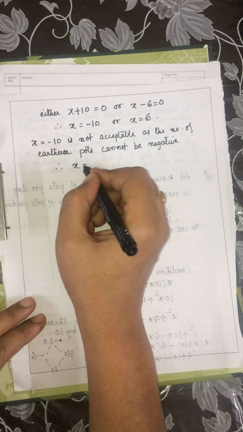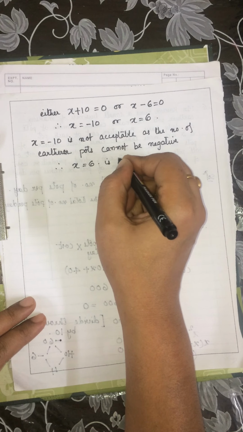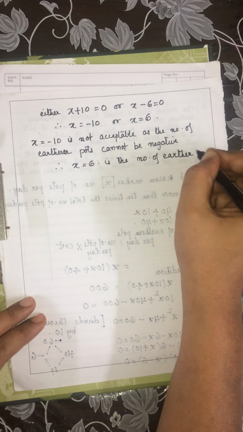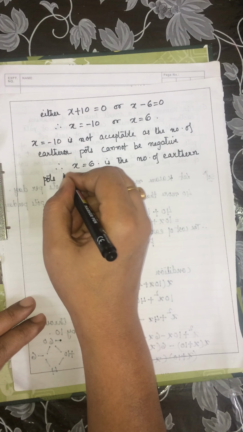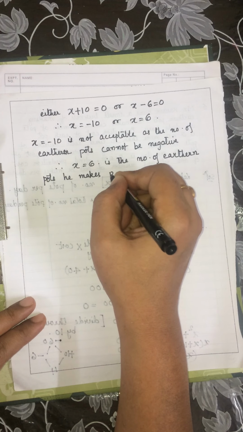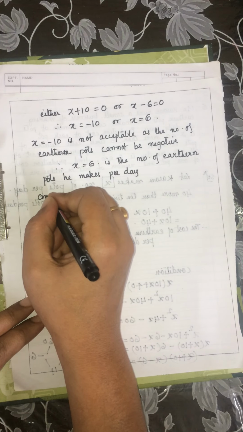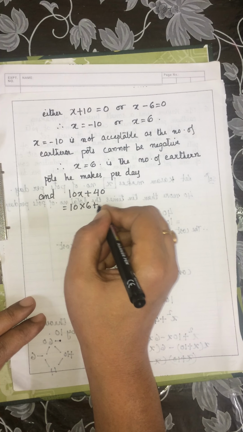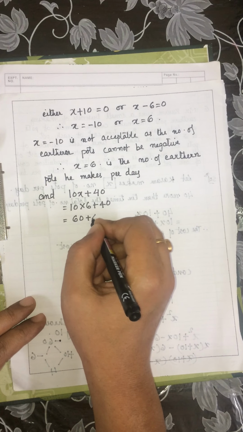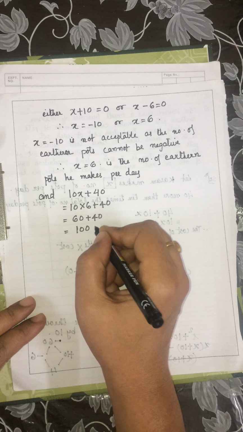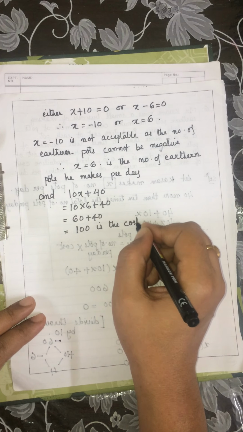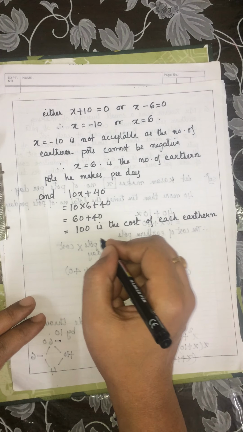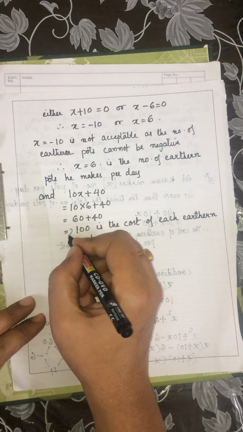Therefore, x is equal to 6 is the number of earthen pots he makes per day, and 10x plus 40, that is 10 into 6 plus 40 gives us 60 plus 40 is equal to 100, is the cost of each earthen pot, rupees 100.